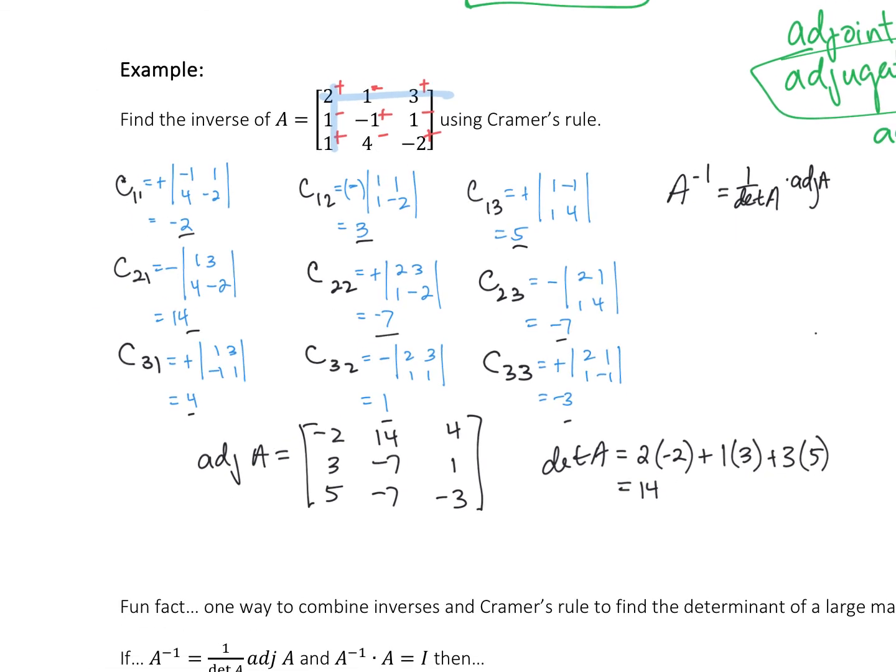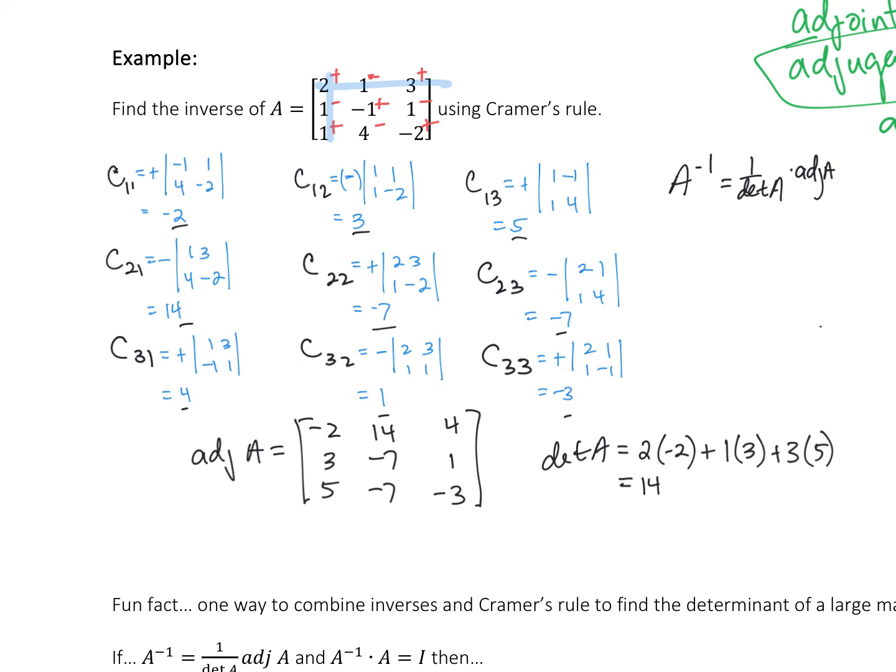Yay! So now we can figure out our A inverse matrix. All we're going to do is take this adjoint matrix and multiply it by, so our A inverse is the adjoint matrix where each term is divided by 14.